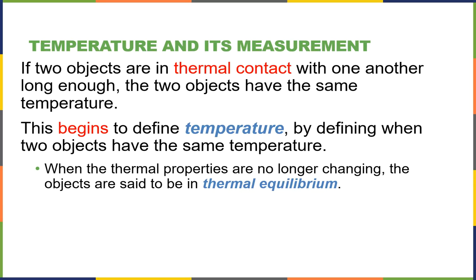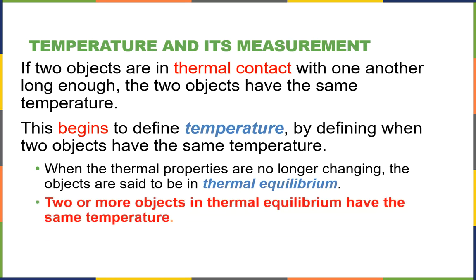So if I bring two things in thermal contact and there's no heat flow, we say that's thermal equilibrium. And according to the second law of thermodynamics, if things are in thermal contact, so heat could flow, and they're in thermal equilibrium, so heat's not flowing, then they must be the same temperature. So that's another part of how we define temperature. So two or more objects in thermal equilibrium have the same temperature.